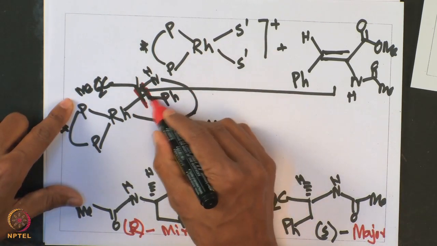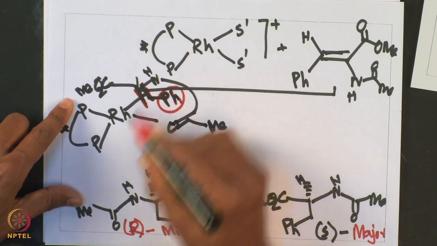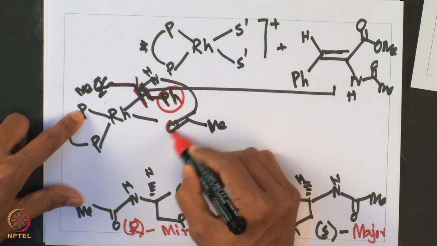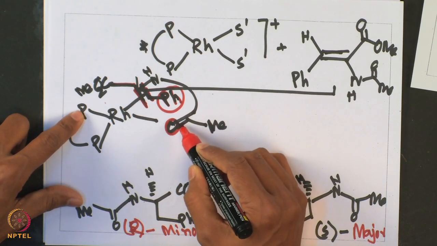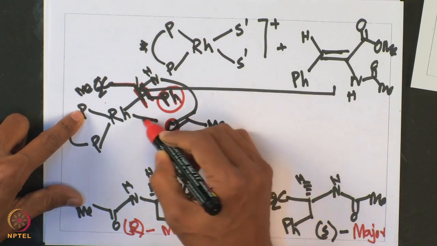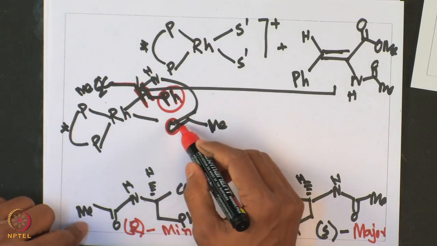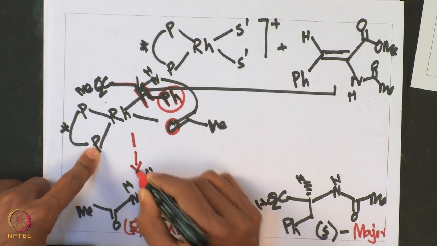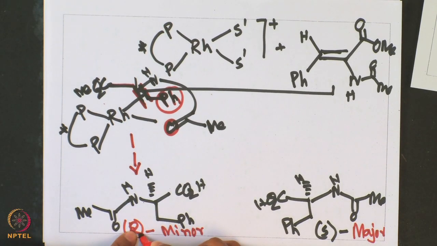Olefin is coordinated and you have a phenyl over there and CO2Me over this side, and the ketone, that is NHCOMe, that is associated with the rhodium in this fashion. Now, this one in principle should lead to the R product.